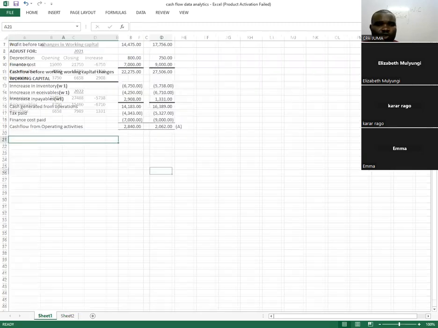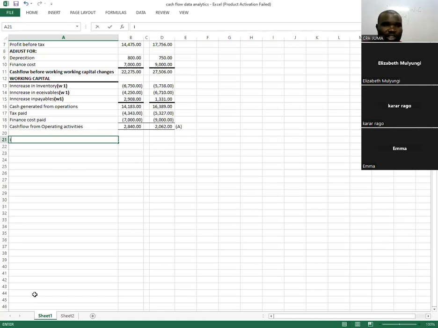All right, so let's go to investing. You will take notes. For the activities, try to bold them, at least to separate them from the others. So how will you know about investing? For investing, you go to non-current assets.